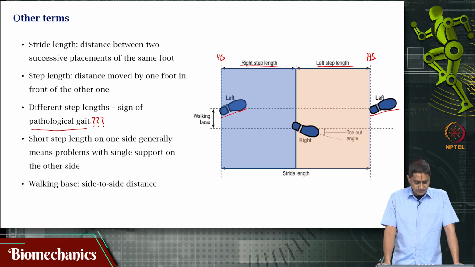Okay. Also, sometimes there is a tendency for people to take short step lengths on one side and with single support on the other side. Generally means there are some problems with single support on the other side, and also side to side distances sometimes may vary depending on the particular type of walking that is being used.